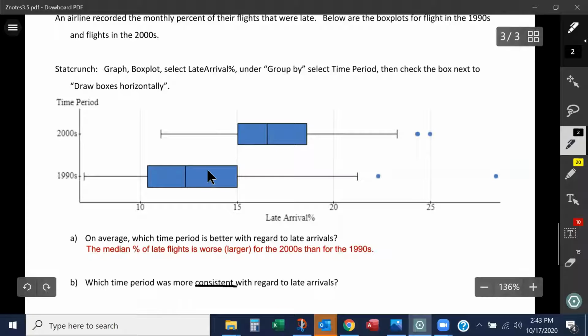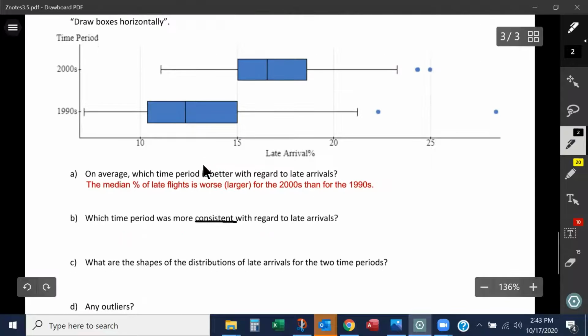And then we can also look at the entire range. The range here for the 90s is about 22. Actually, when we're looking at the range, we include these outer points too. When I look at how wide the range is in the 90s compared to the 2000s, it's a lot bigger.